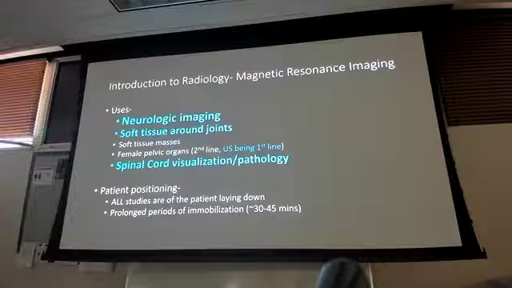When we talk about ultrasound, you're going to see that. I have to put this on here because MRI is a modality that can be used for female pelvic organs, but it is not your first line imaging. Ultrasound is your first line imaging. Again, in all studies patients are lying down with prolonged periods of immobilization, 30 to 45 minutes. 30 is being generous. I would consider 45 plus.